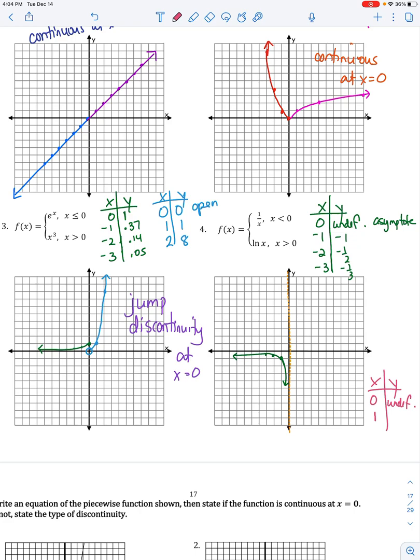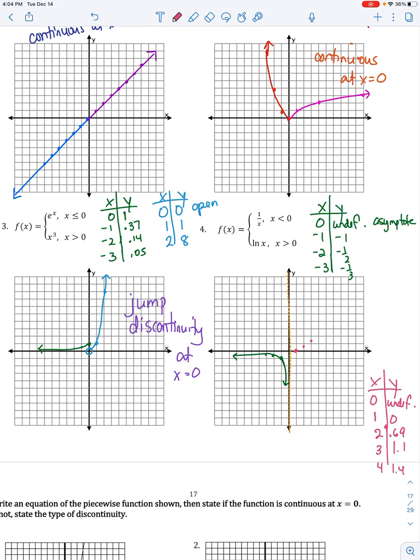Plug in a number greater like 1, do the ln of 1, and you get 0. (1, 0) is on the graph, and then you're going to do ln of 2, and that gives me 0.69. And then if you do ln of 3, you get 1.09, 1.1 about. Maybe we'll just do one more, ln of 4, to see how this is climbing, and it's climbing very slow.